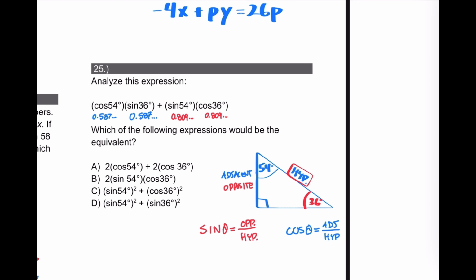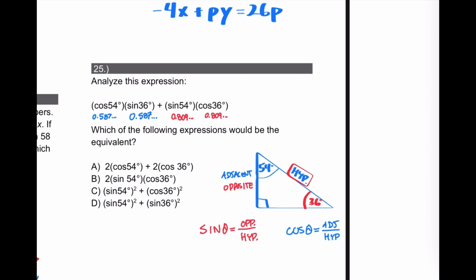All right, throwing a little trig in there on the next one. It says analyze this expression. We have the cosine of 54 times the sine of 36 plus the sine of 54 times the cosine of 36. Which of the following expressions would be equivalent? Without knowing anything about trig, you could actually just put cosine of 54 into a calculator to get 0.587.